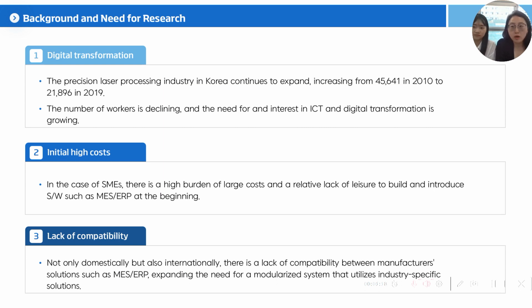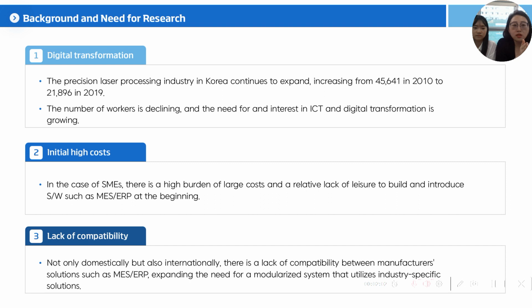We worked on this paper because of the problem of the initial high cost and the lack of compatibility in the digital transformation era. The precision laser processing industry in Korea continues to expand, increasing from 641 in 2010 to 21,896 in 2019. The number of workers is declining, and the need for and interest in ICT and digital transformation is growing.